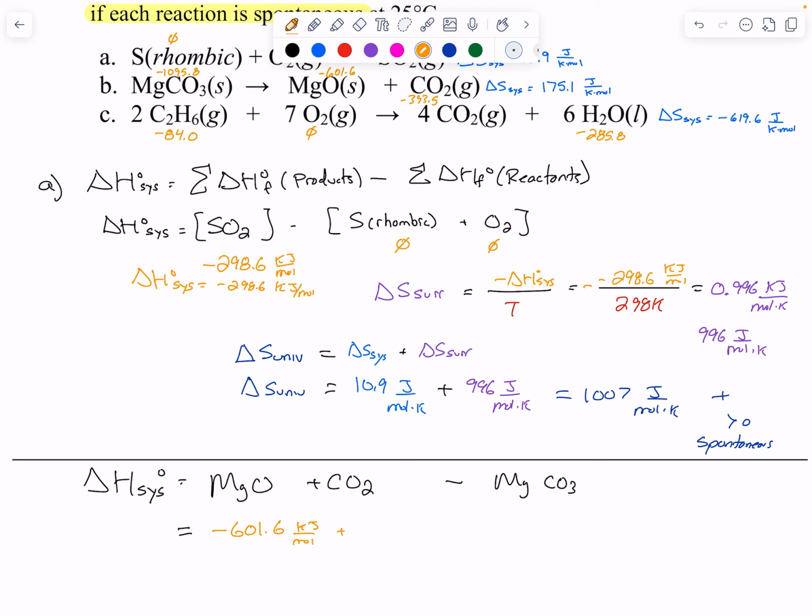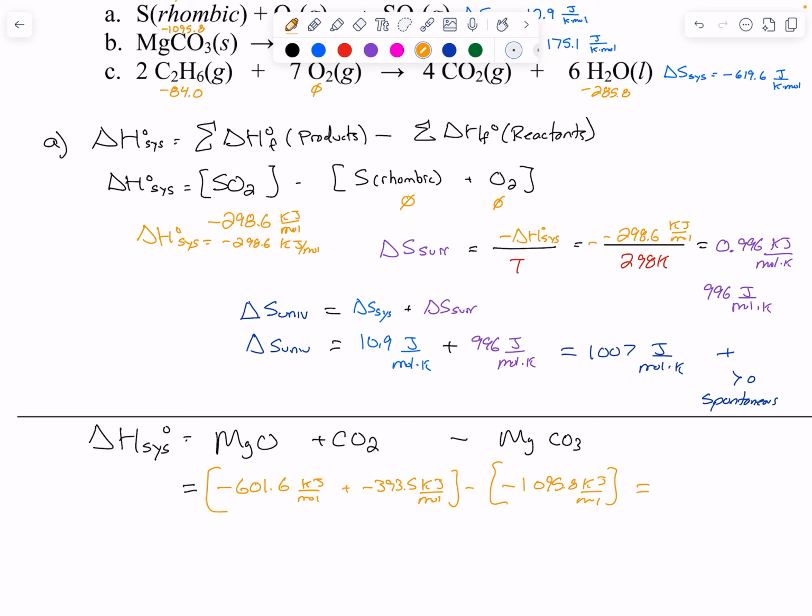CO2 is negative 393.5, and magnesium carbonate is negative 1,095.8. And so I get a positive number, 100.7.